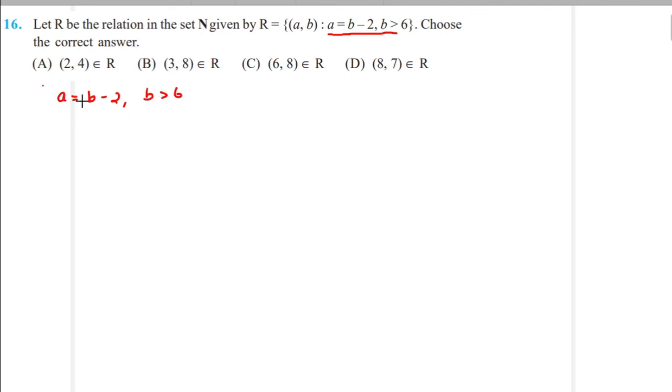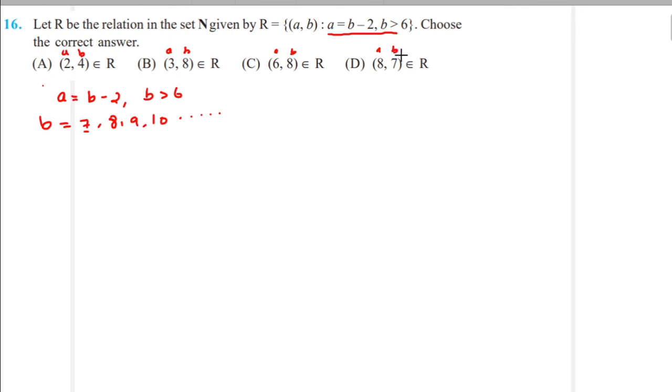So b is greater than 6, and a and b are only natural numbers. Take b values 7, 8, 9, 10, etc. First we check starting with b = 7. In the ordered pair (a, b), first is a, second is b.